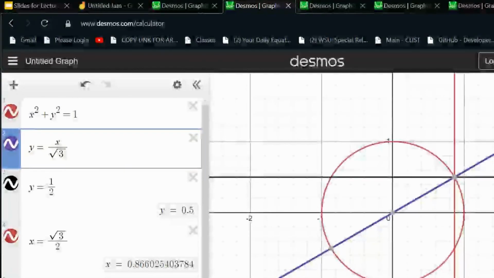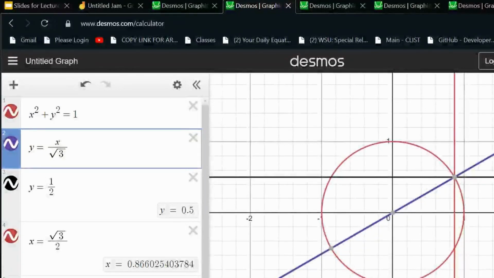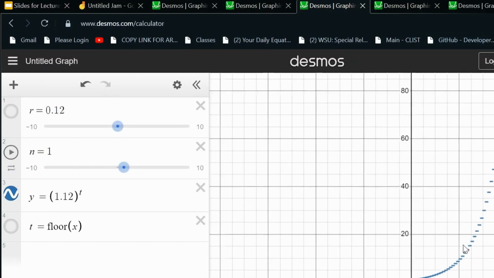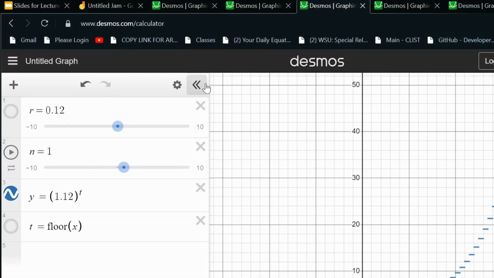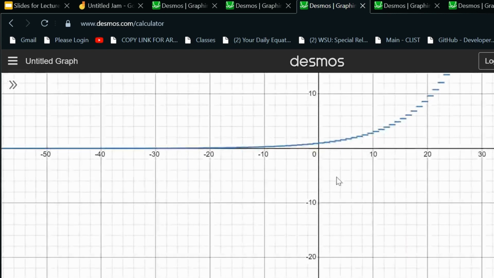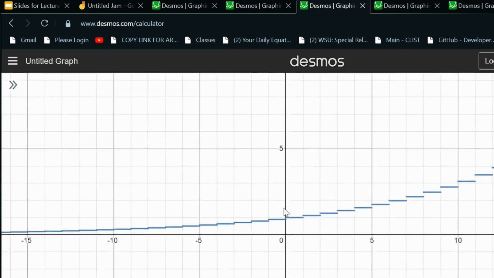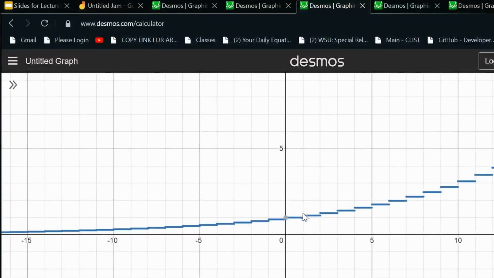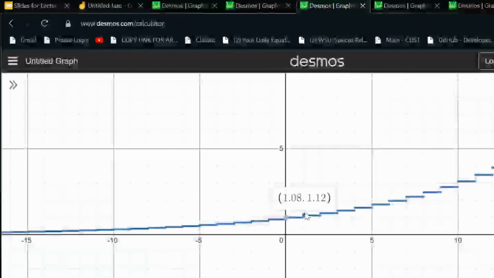Should you invest in that bank or not? That sort of question. First we can talk about compounding interest in general. So this is how generally compounding interest grows. For the first year, your amount will be set at one, then it will get up to 1.